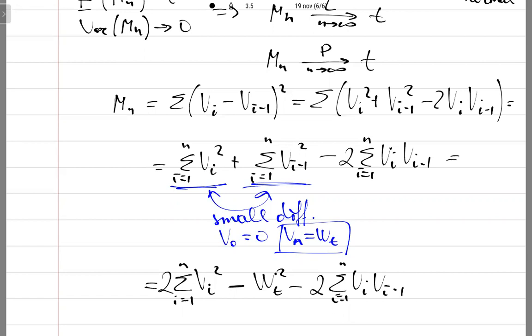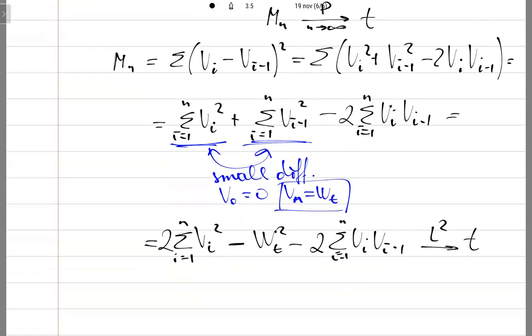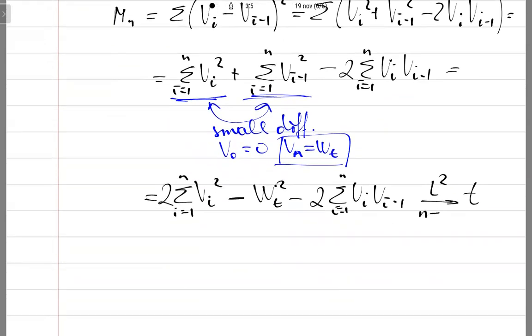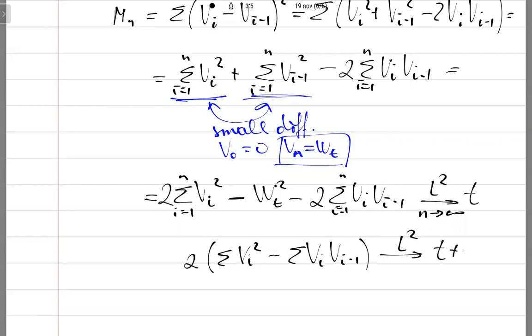Okay, and Mn tends in L2 to T when n tends to infinity. So I conclude that 2 times the sum of vi squared minus the sum of vi vi minus 1 tends to T plus WT squared when n tends to infinity. Everyone is with me?